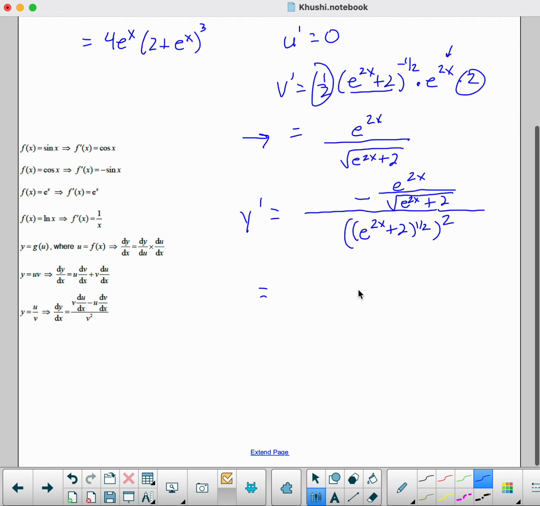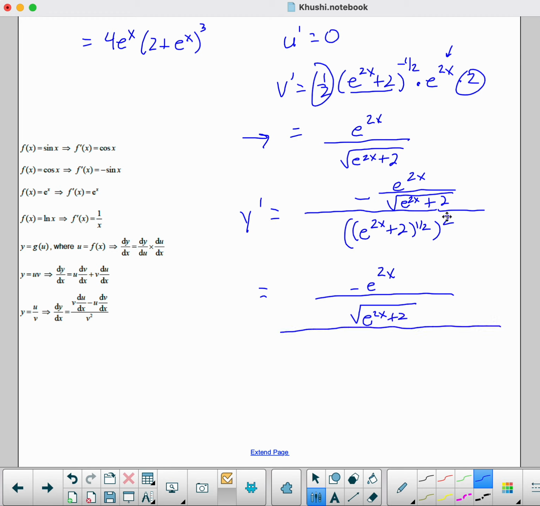So this becomes negative e to the 2x over square root of e to the 2x plus 2, over, let's clean this up. If I square it, it's e to the 2x plus 2. 1/2 times 2 is 1. So it's just that.